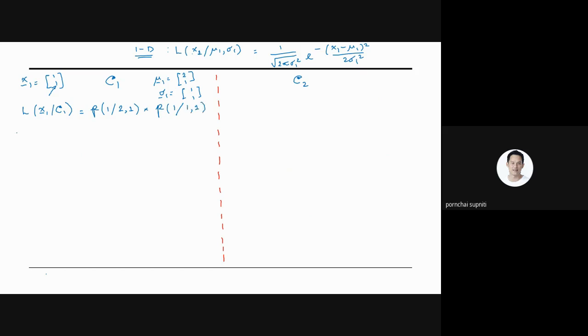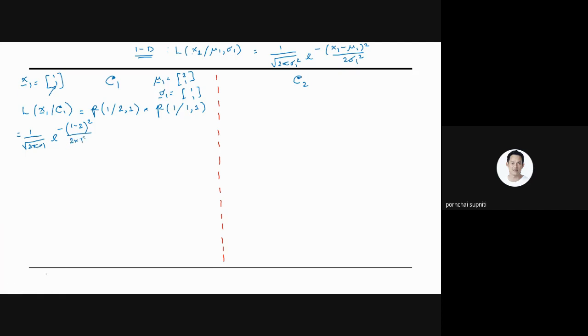Okay, and then if I compute it out, I will get 1 over the square root of 2 pi sigma 1 squared, so it's 1, e to the negative of 1 minus the mean, which is 2, squared, divided by 2 times 1 squared. Let me write this down in detail for one of them so that you understand what it is.